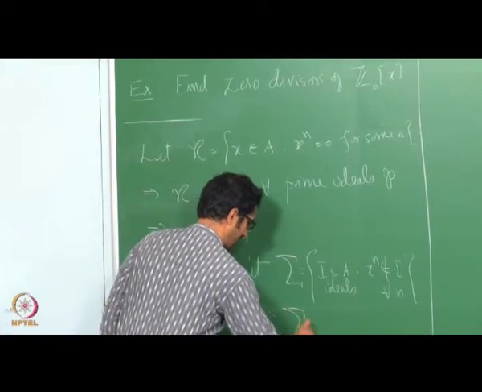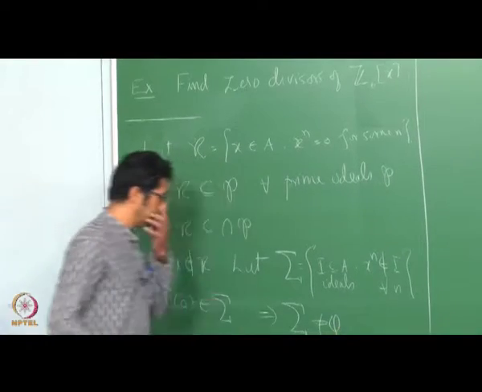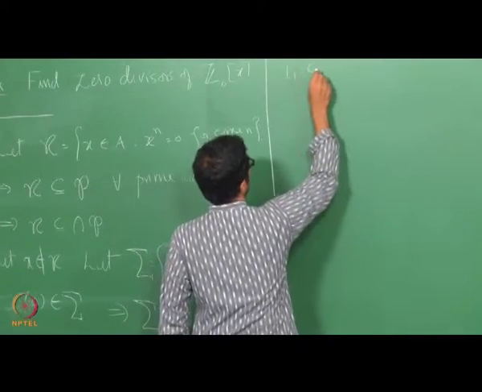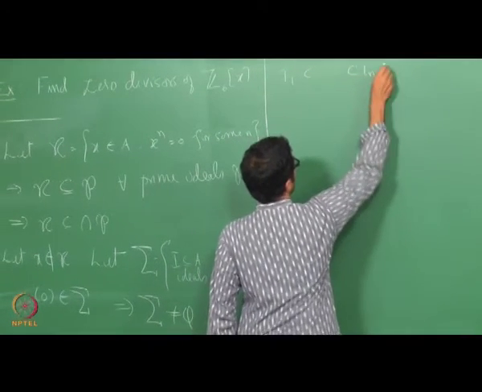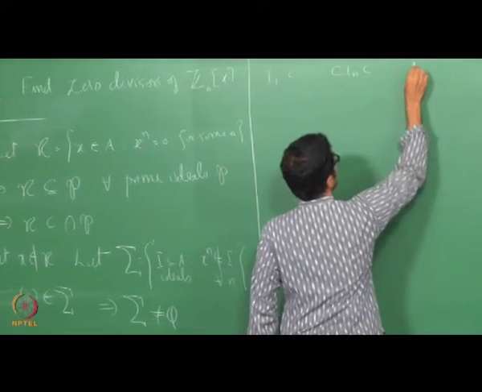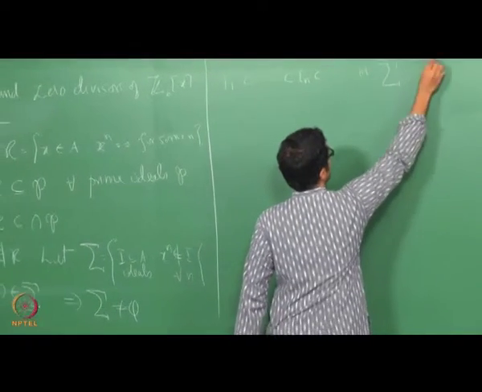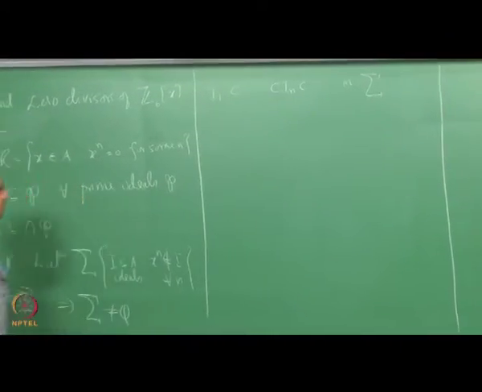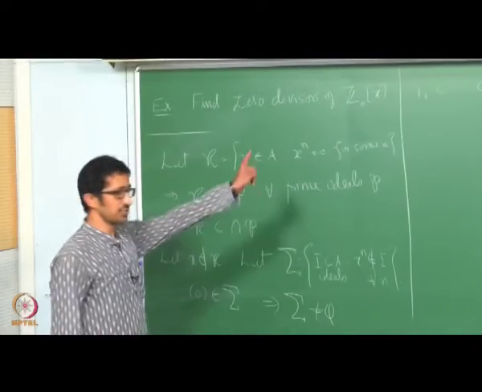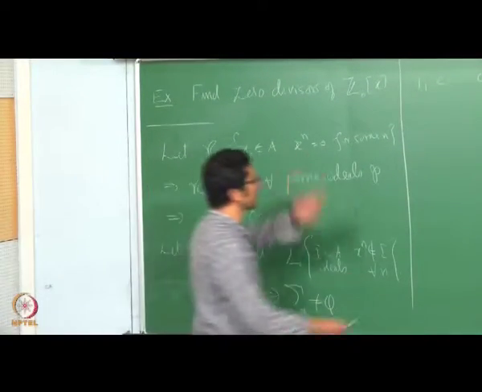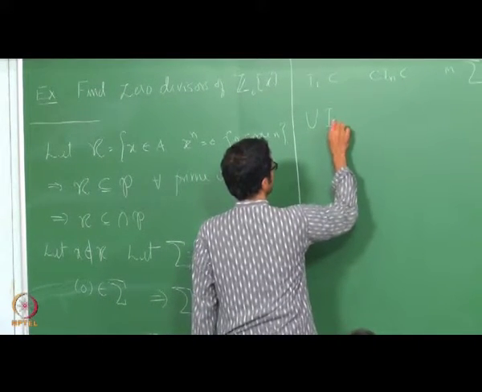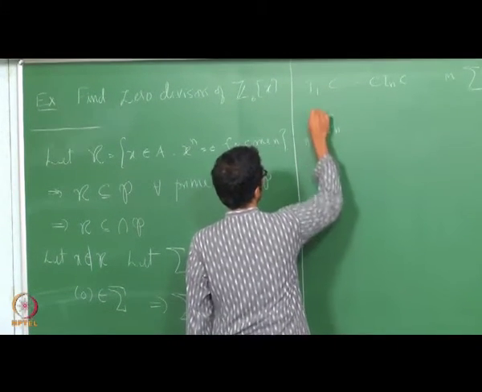Then we looked at any chain of ideals in sigma, and we proved that this chain has an upper bound, which is the union of I n from 1 to infinity.